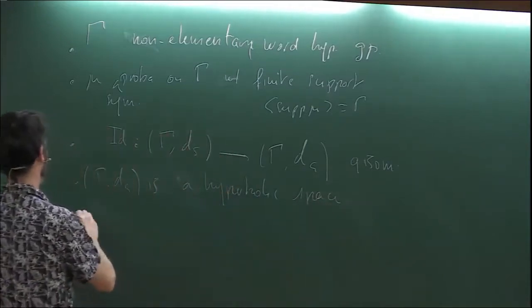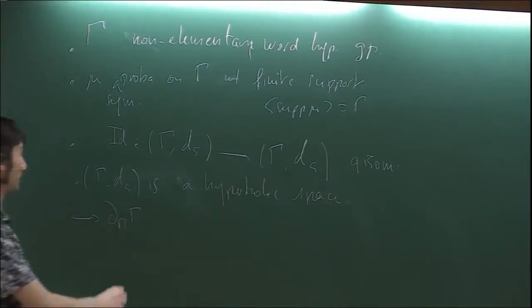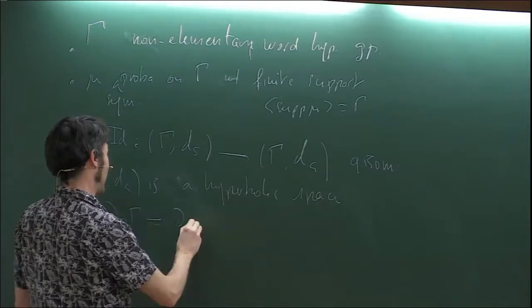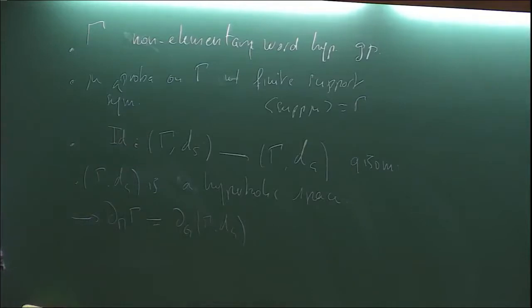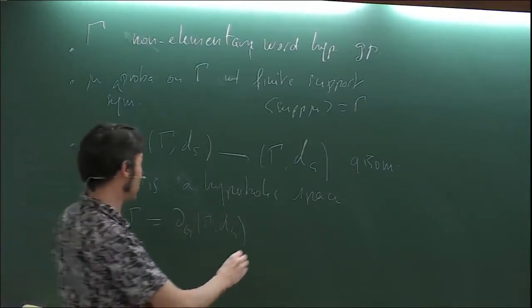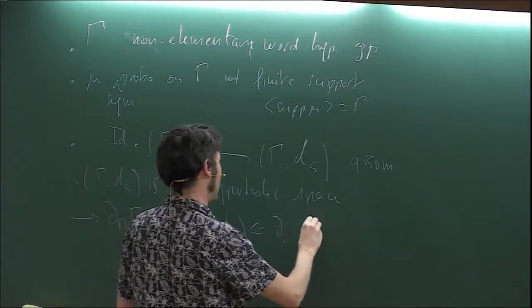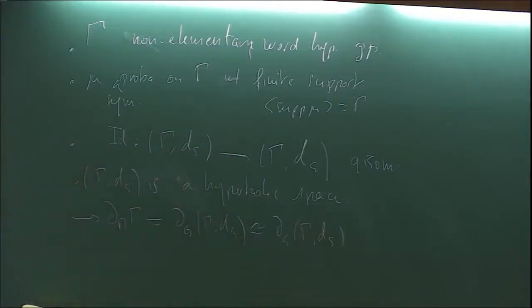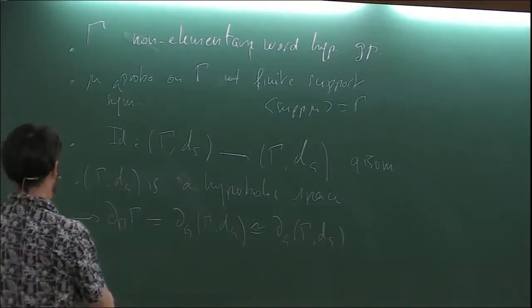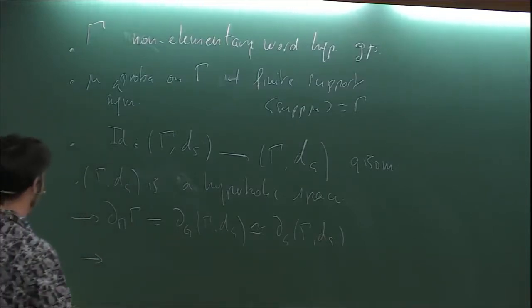So from this, we were able to deduce that the Martin boundary of Gamma was the same as the Gromov boundary of Gamma with the Green metric, which is also the same as the Gromov boundary of the group with any word distance.